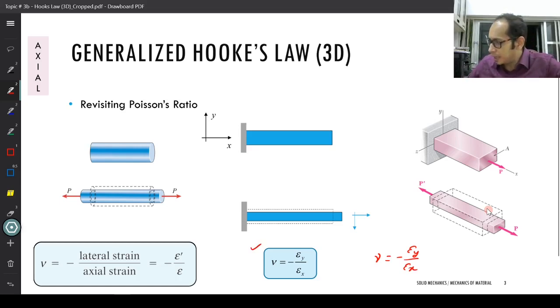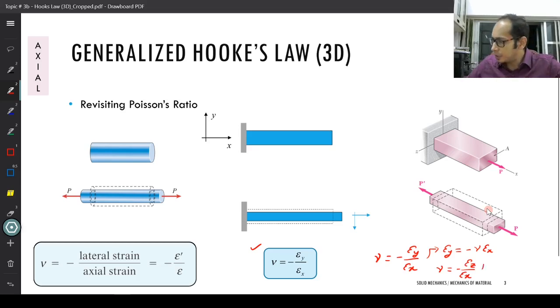And this I can write a little further, that my epsilon y becomes equal to negative nu epsilon x. Now in addition to the y direction, I can also write my nu as negative epsilon z divided by epsilon x, to account for the contraction in the z direction.